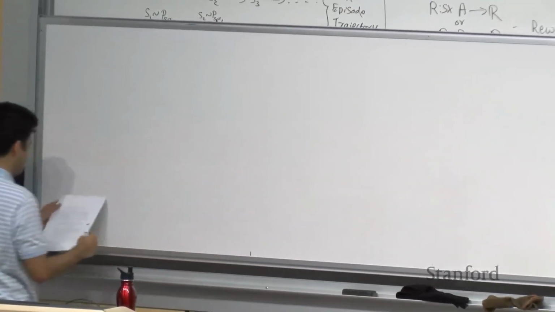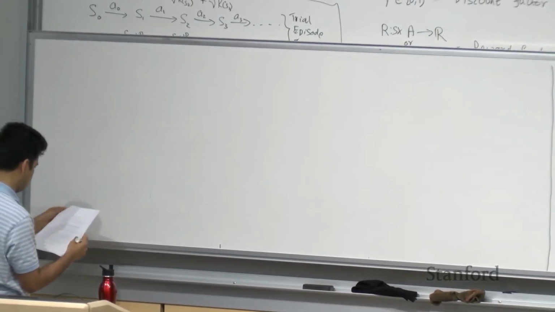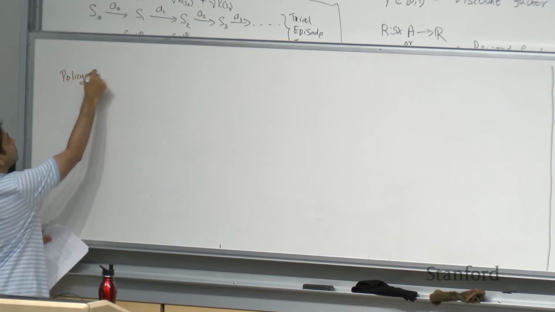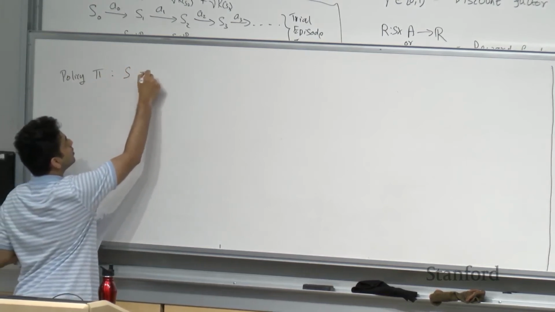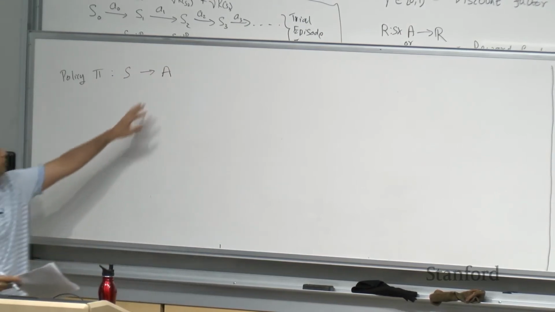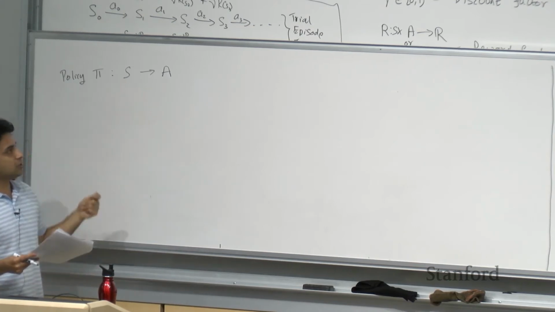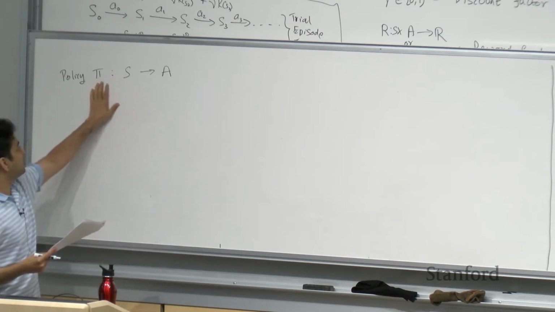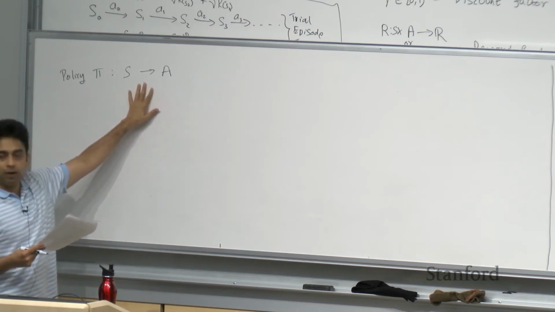We're going to define something called a policy pi, which is a mapping from state to action. So the policy tells you what action to take when you are in a given state, right? And this is the policy over which the agent has flexibility to learn, right? Our goal is to learn a policy. We want to learn this function that maps us from state to action.